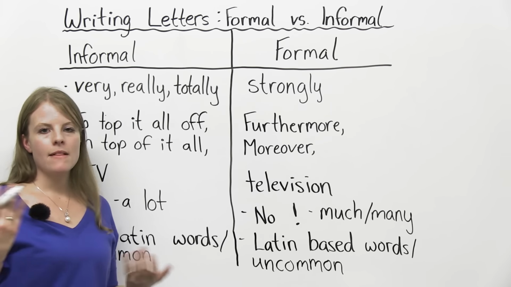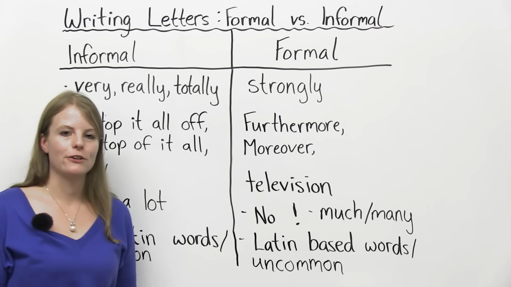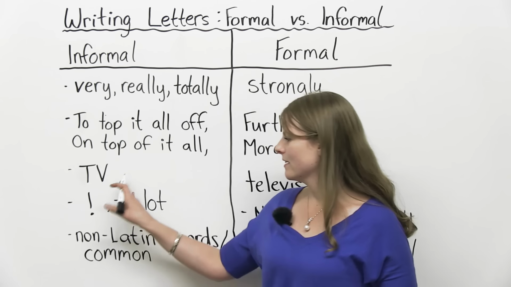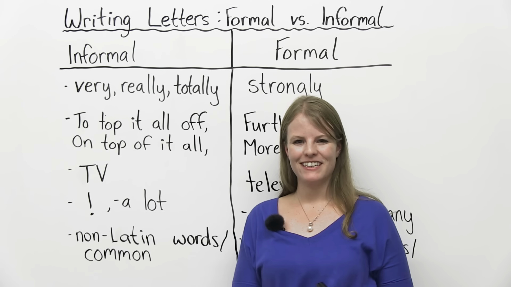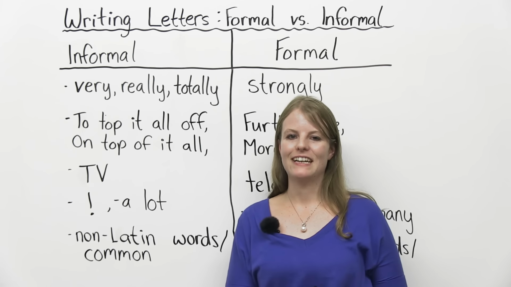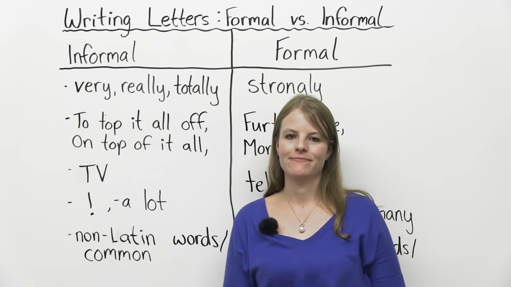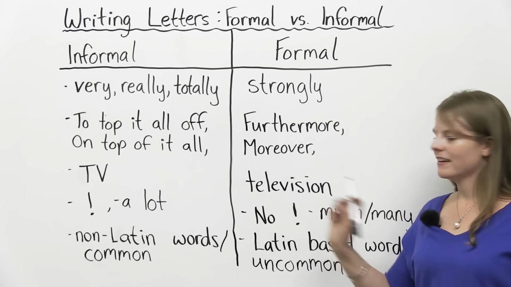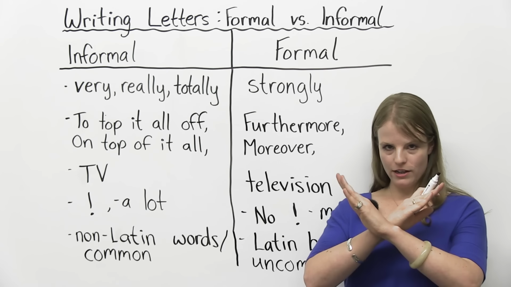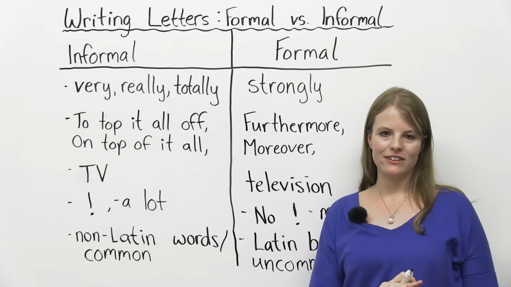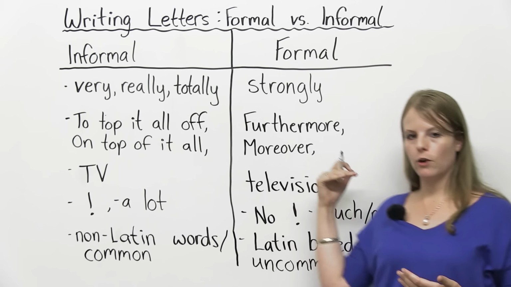Okay, next idea for what's informal: use TV. What is TV? It's an abbreviation. It's the short form of a word. The full word is television. So what does this mean? Do not use abbreviations in formal writing.